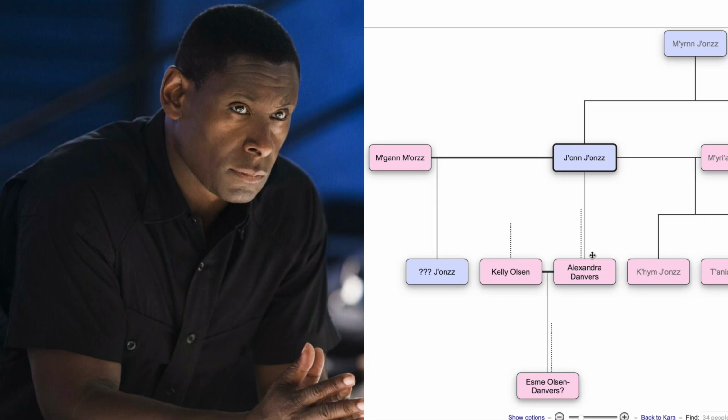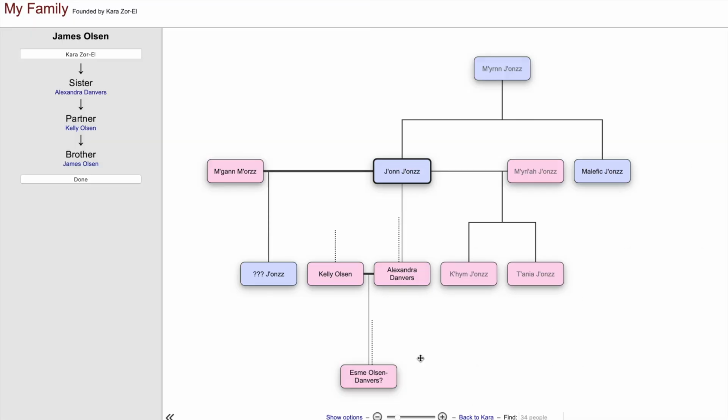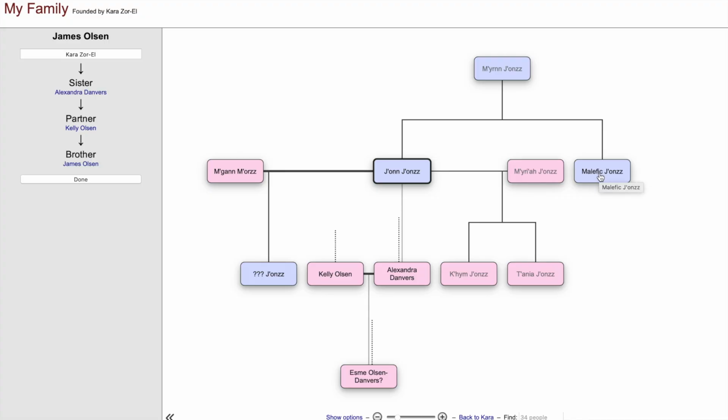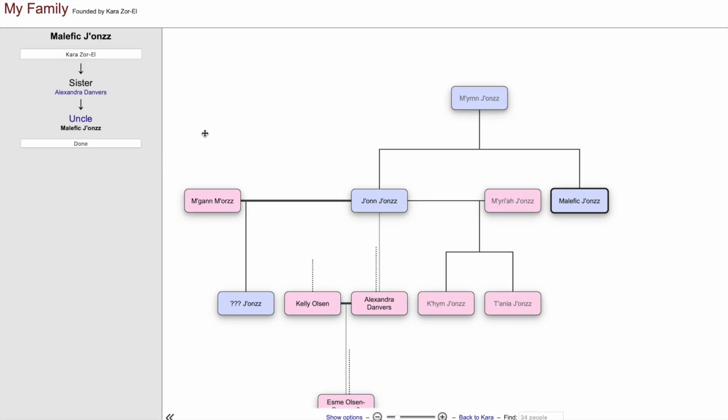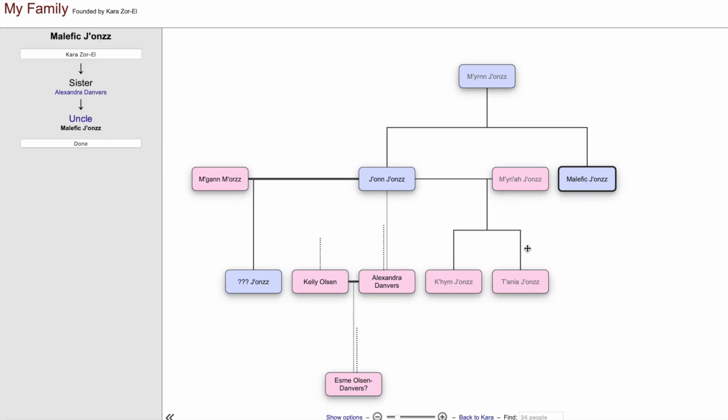So if we click Jean as a secondary, I put foster father for Alex, we get this monstrosity up here. Jean has a brother, Malefic Jones. Mal, if you will. If we wanted to figure out the connection, actually we can't. Oh, we can. Alright, I'm cool.